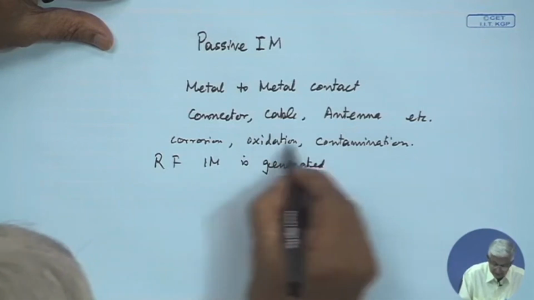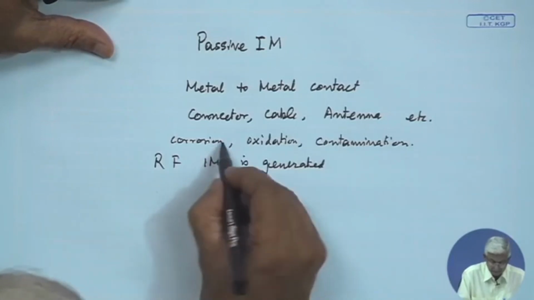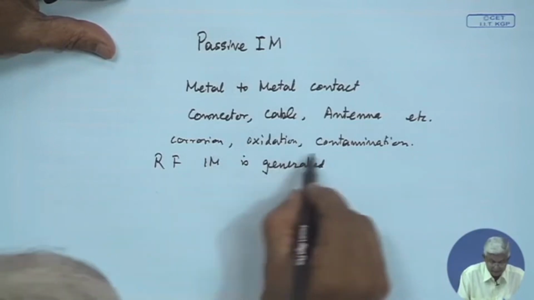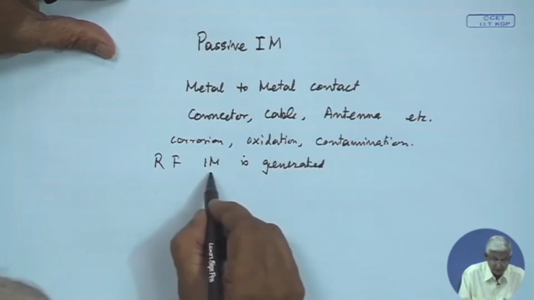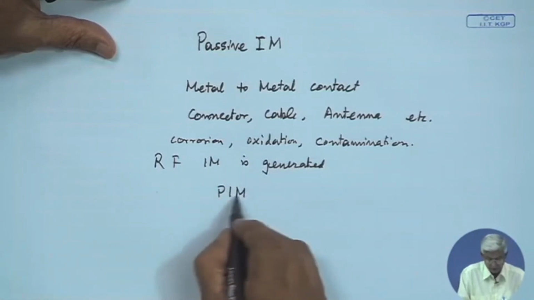Because of these things, it creates a nonlinearity in the metal or the conductor which is carrying the RF. So, since there is a nonlinearity, that intermod is generated. This is called passive intermodulation product.